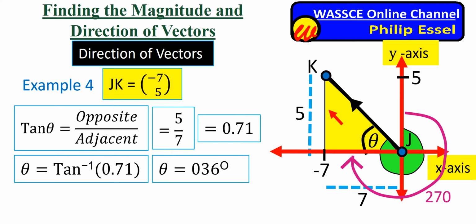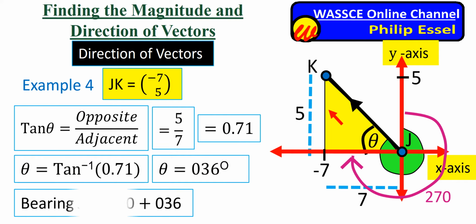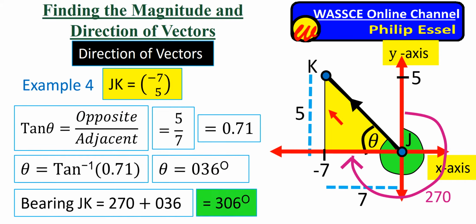The angle theta is 36 degrees, so that will give us 270 degrees plus 36 degrees. When we do the calculation, we would get 306 degrees. So the direction of the vector JK is 306 degrees.